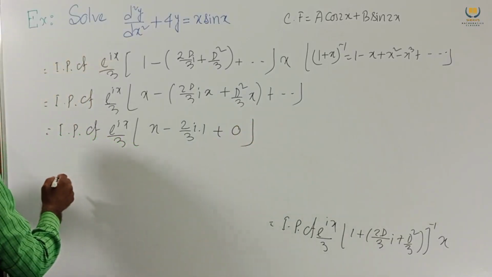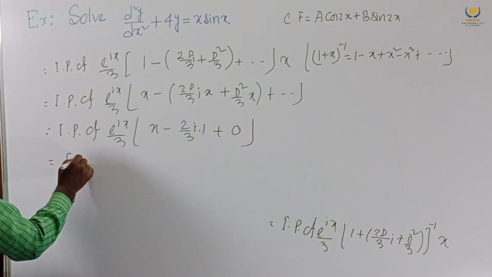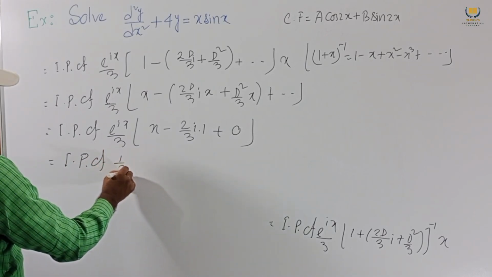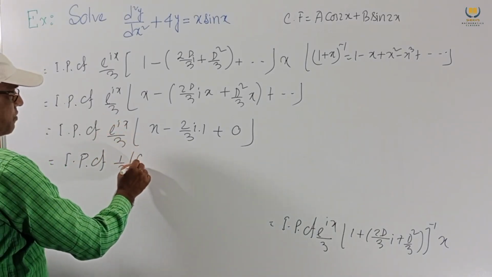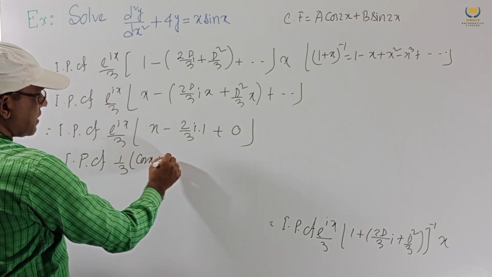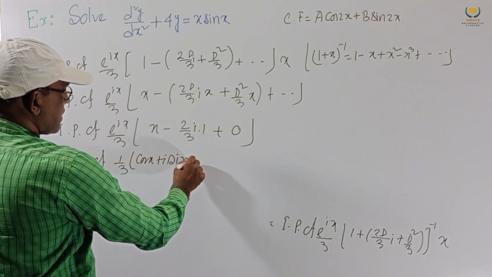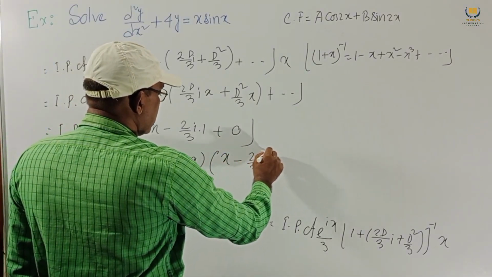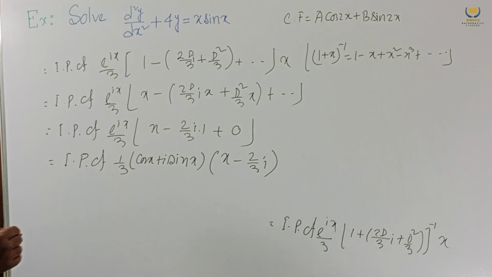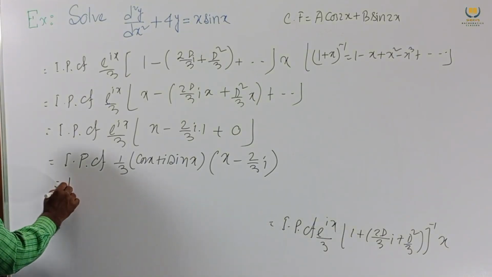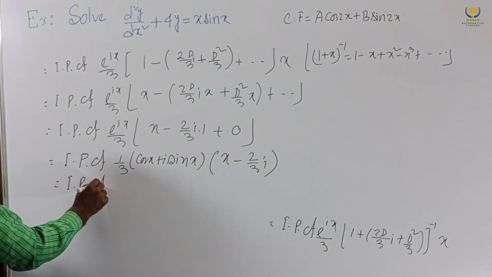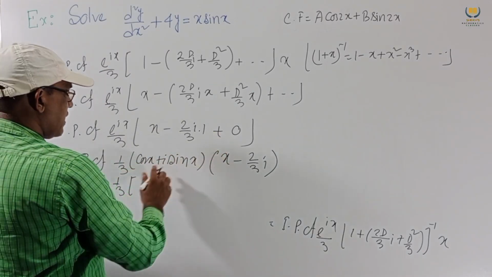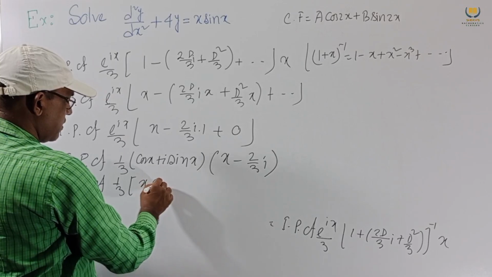So ultimately we get the imaginary part of 1 by 3 times (cos x + i sin x) times (x - 2i by 3). Multiplying, x and cos x we get real.